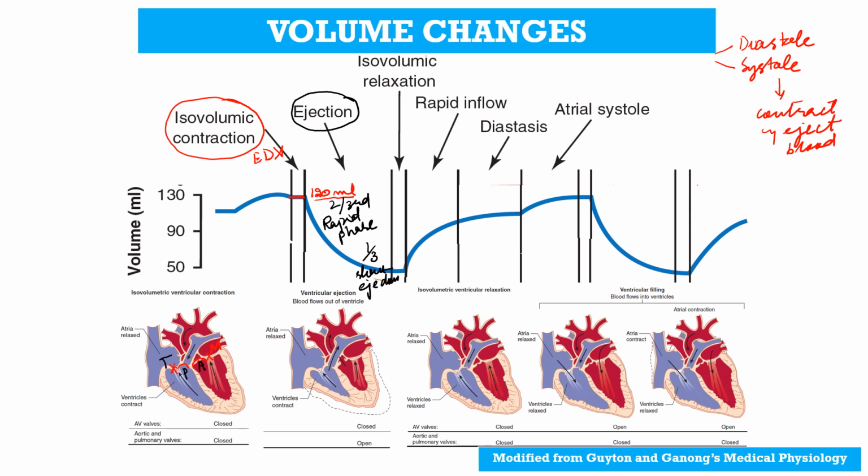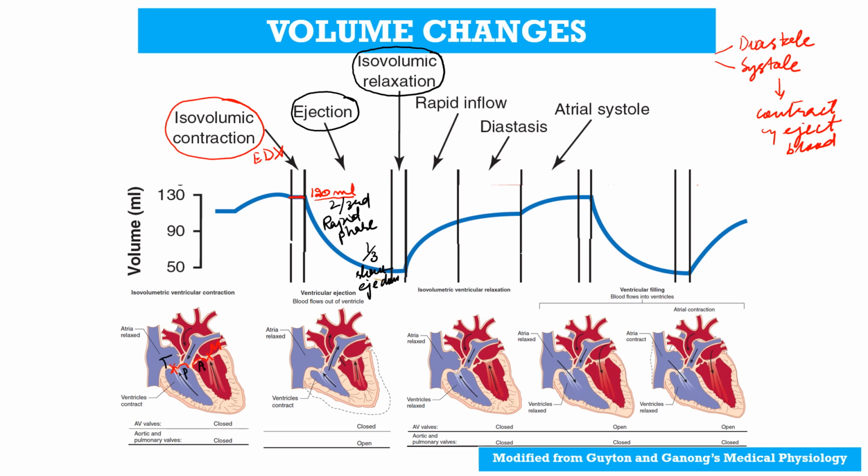We are talking about the volume changes, especially in the left ventricle. So when the ejection phase is over, the third phase starts, that is the isovolumic relaxation.